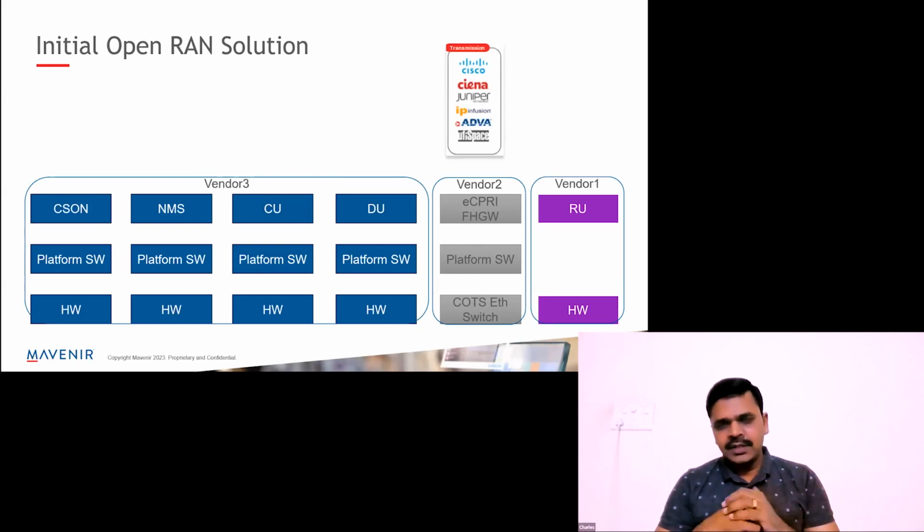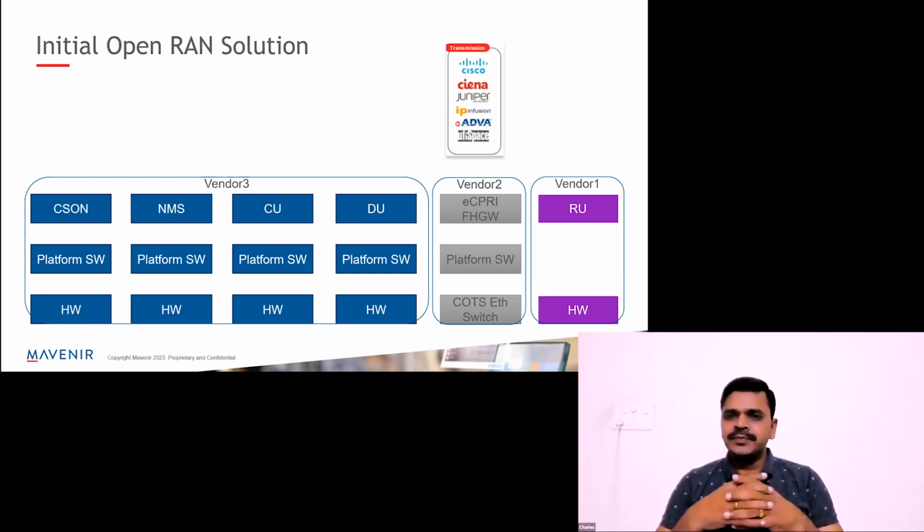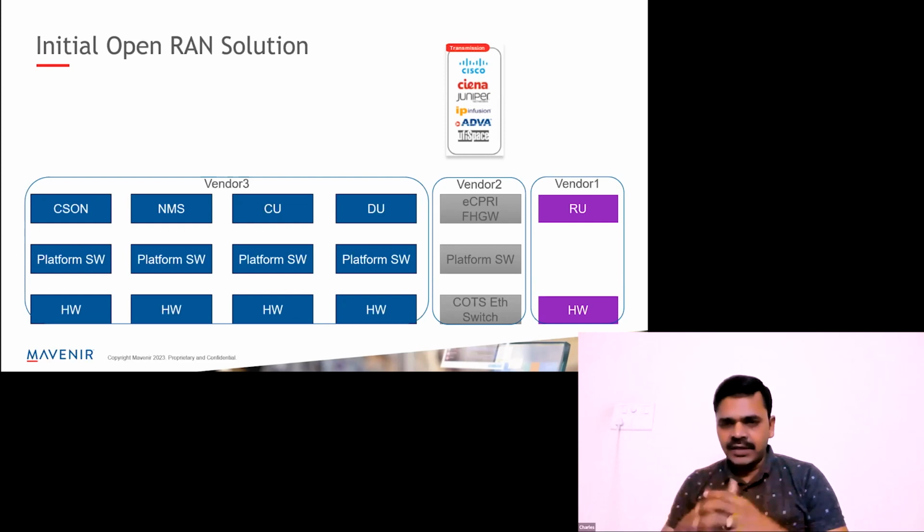each and every component. So in this journey, of course, the entire journey of a multi-vendor ecosystem does not happen in a single day. It requires a lot of effort, and it requires a lot of players to come together and contribute to make it happen. So one of the first and foremost things that happened in the Open RAN standardization was the opening of the fronthaul interface.